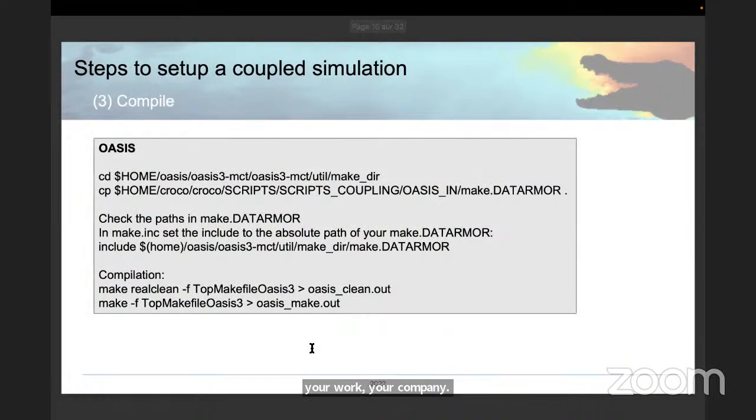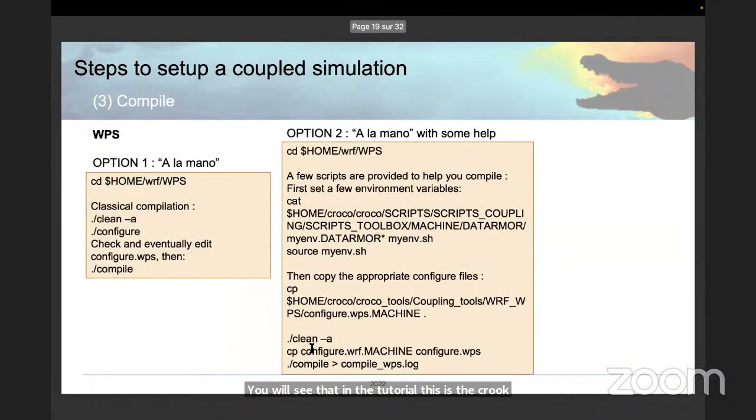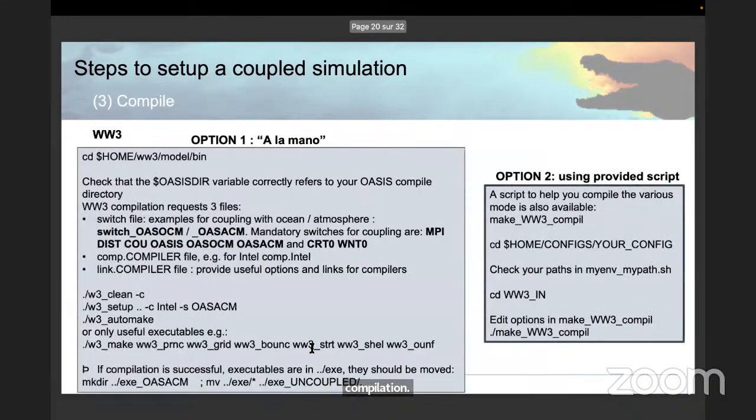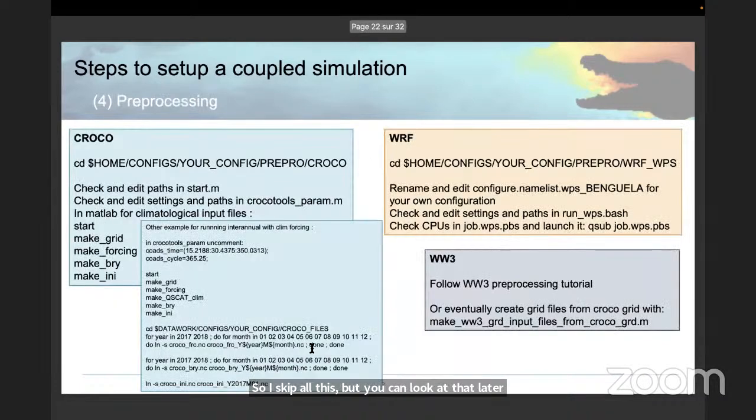Then I skip some stuff. So this is the Oasis compilation, but you will see that in the tutorial. This is the CROCO compilation, which you also know, and WRF. This is the WRF preprocessing. This is the WaveWatch3 compilation. So I skip all this, but you can look at that later. This presentation is also available on the CROCO website, so don't worry if I skip that.